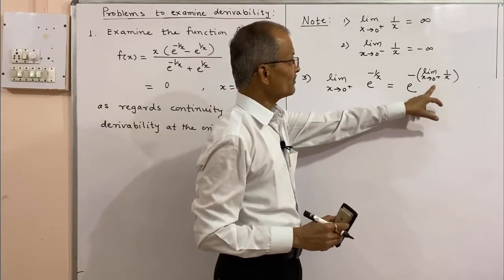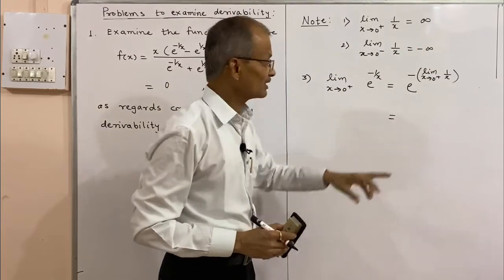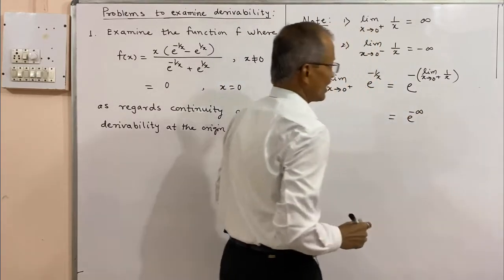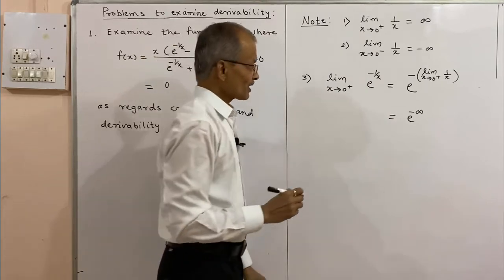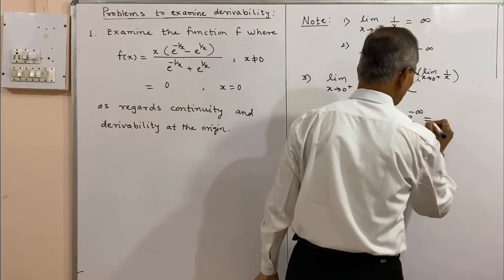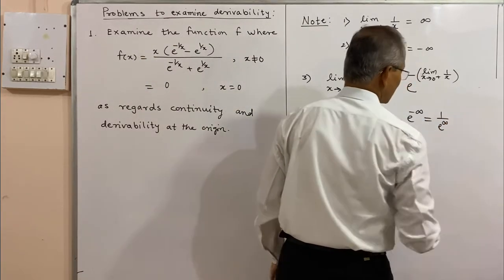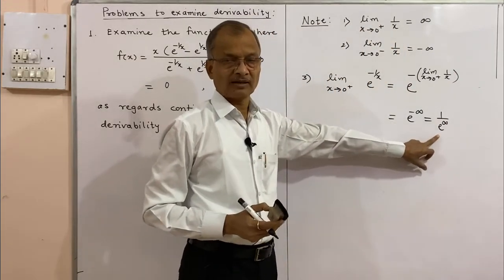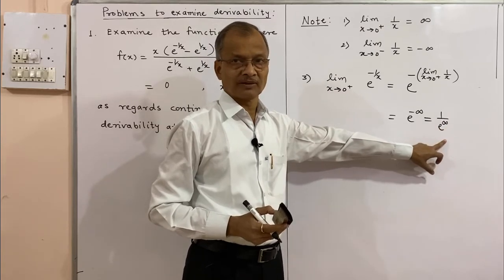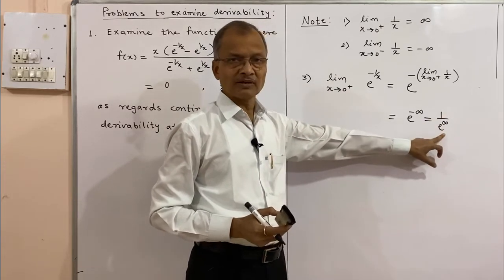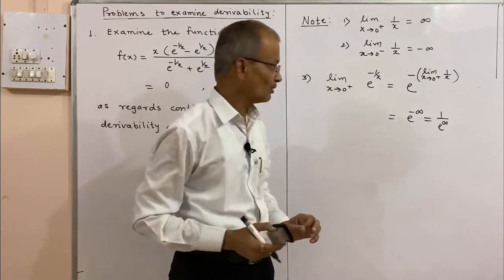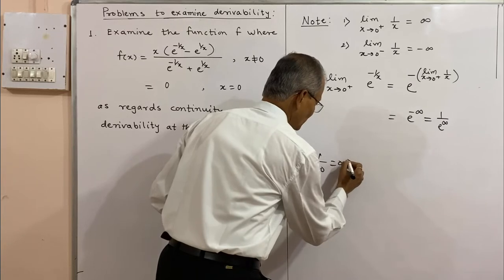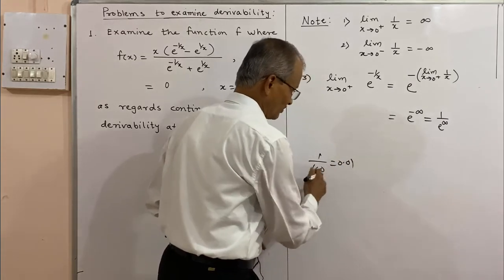And what is this limit? It is infinity, but there is a negative sign, so it is e raised to minus infinity, which means 1 upon e raised to infinity. As e is a number between 2 and 3, raised to infinity it becomes infinity, and when the denominator is infinity, the value tends to 0. 1 upon 100 is 0.01, 1 upon 1000 becomes less and less.